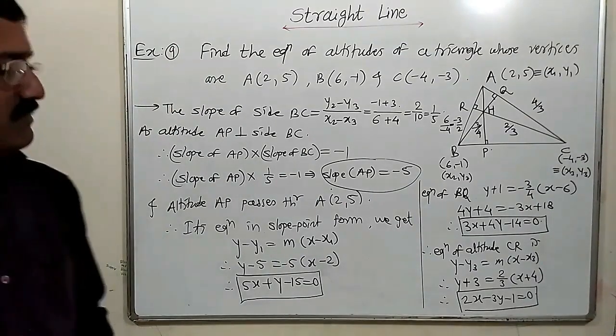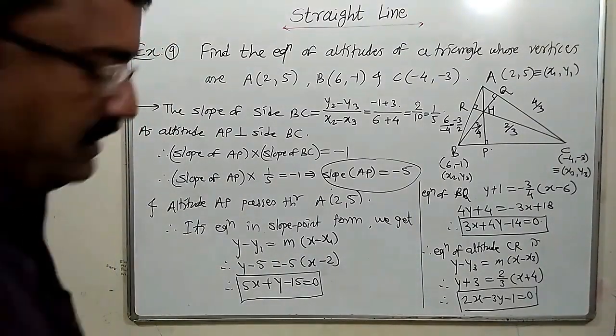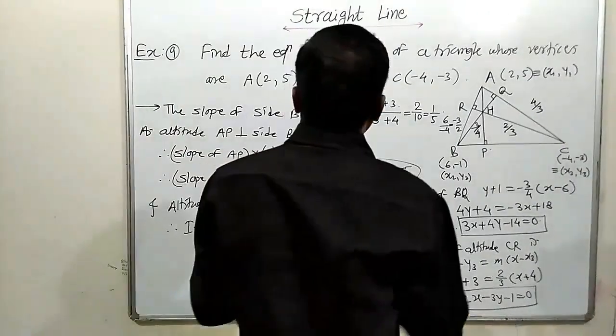In this example, we will find the equations of perpendicular bisectors of a triangle.